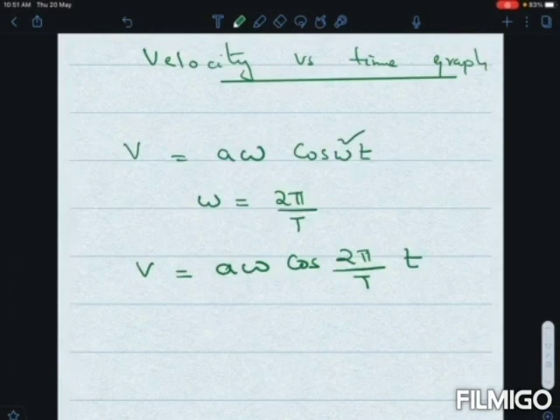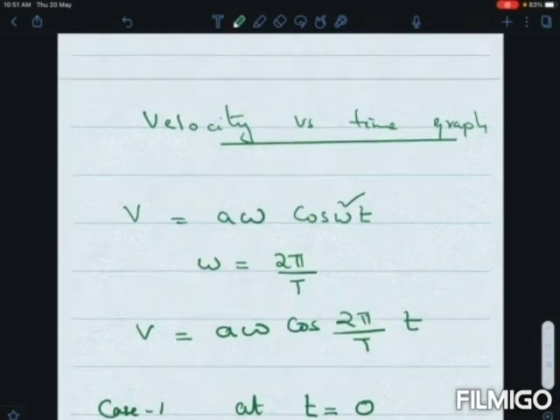Now, as before, we can just discuss the cases. So the case 1 was at t is equal to 0. So what happens? V will be, what was this equation number? One sec.